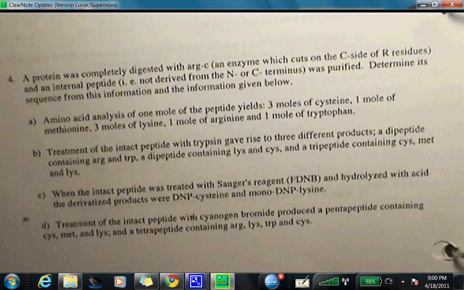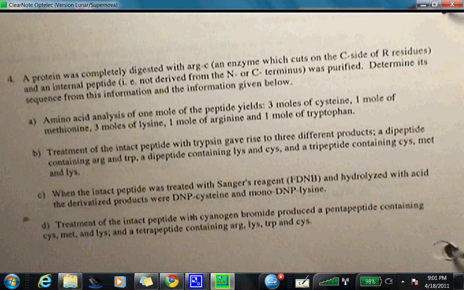Determine its sequence from the information given below. Amino acid analysis of 1 mole of the peptide yields 3 moles of cysteine, 1 mole of methionine, 3 moles of lysine, 1 mole of arginine, and 1 mole of tryptophan.